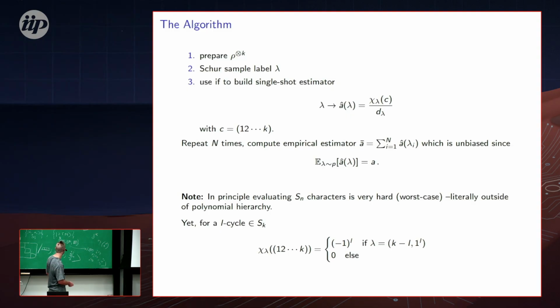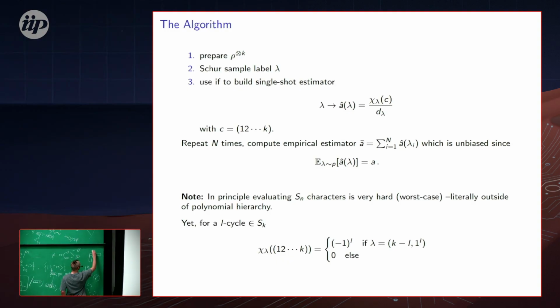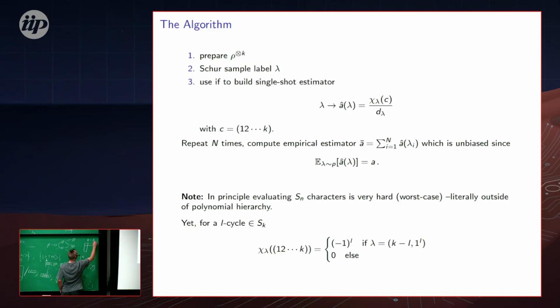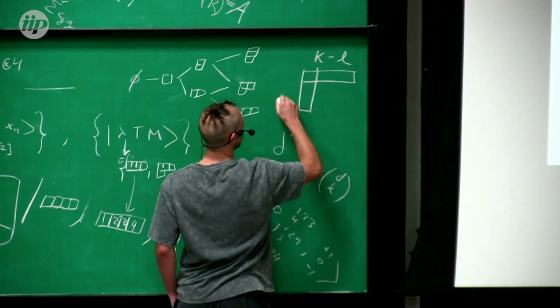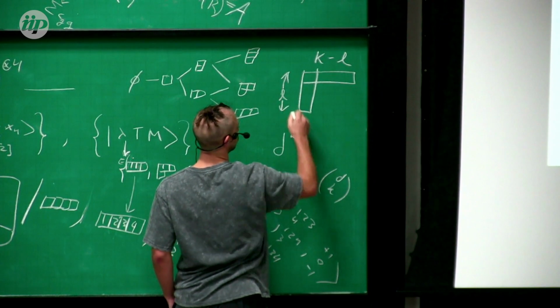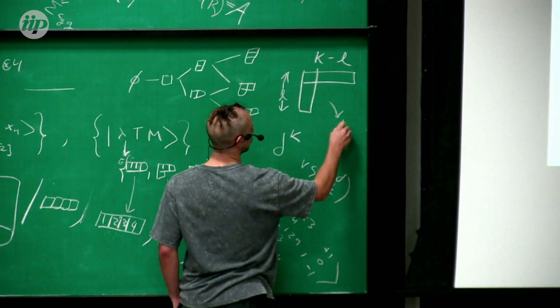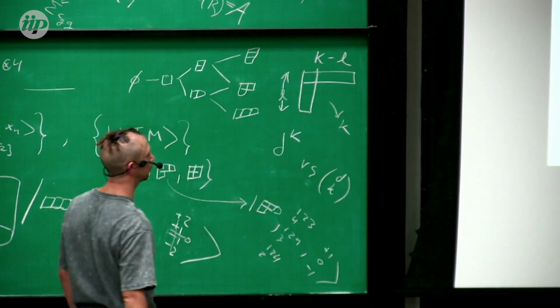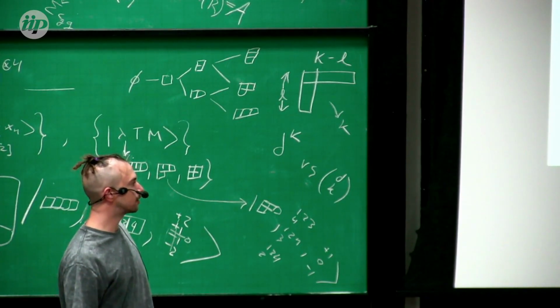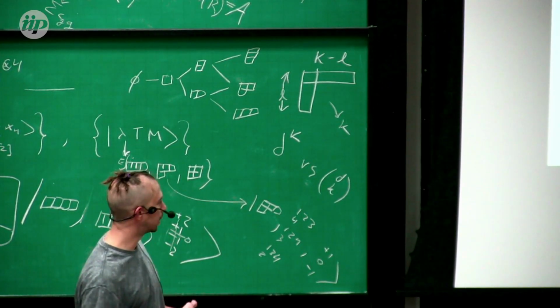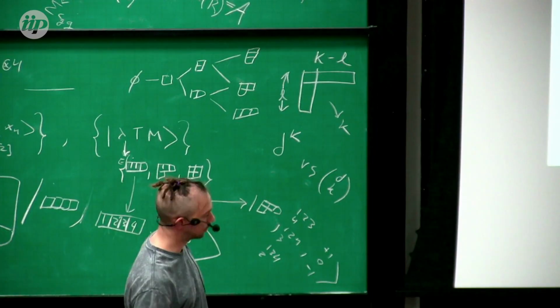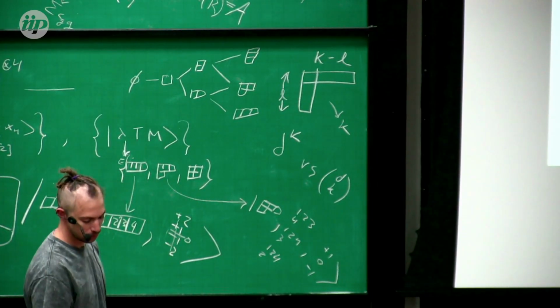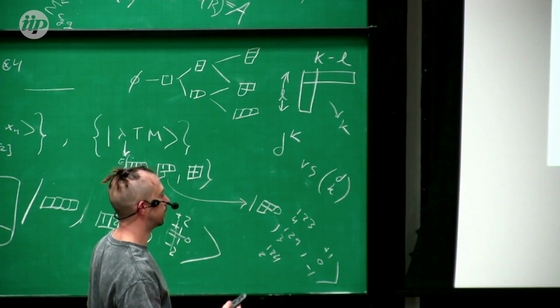A hook is a partition that has first row something, let's call it K minus L, and here it has L boxes. So they add up to K, the number of copies that we have. Whenever you have that, the character is (-1) to the L. That's the order of the cycle. So very easy to compute.